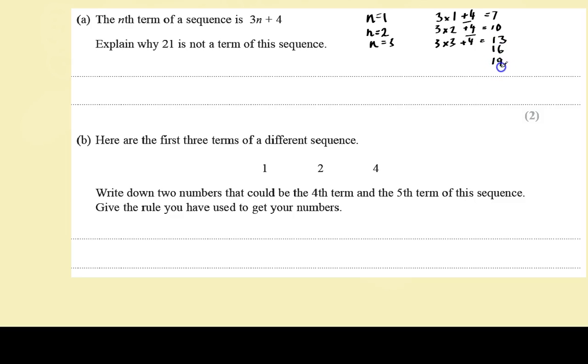16, 19, 22. Okay, so we can see that 21 is not in this sequence. It's not 19, and then the next term is 22. So that was enough to answer that question. We could have said the 1, 2, 3, 4, fifth term in the sequence is 19.